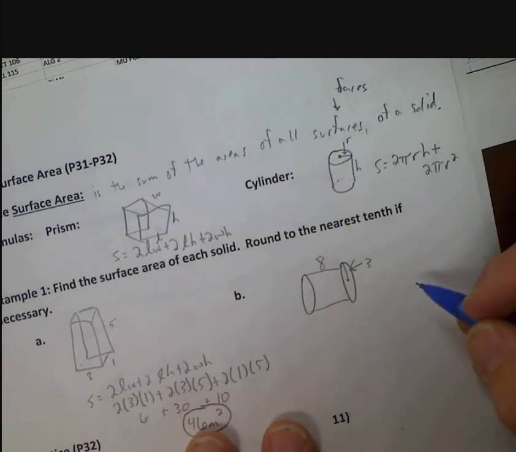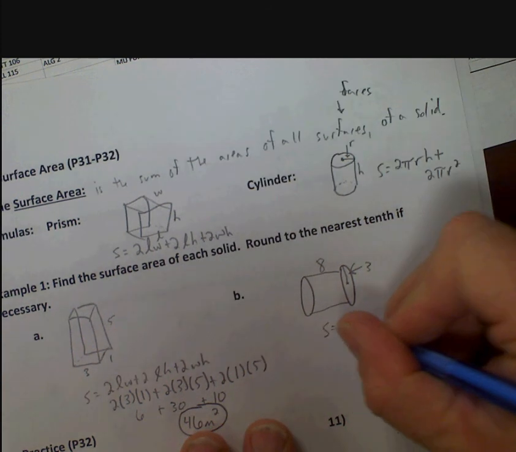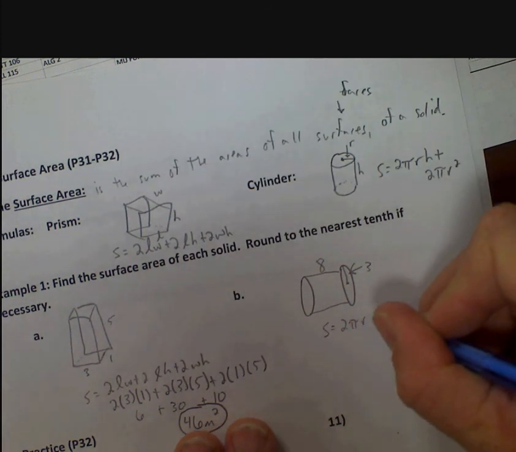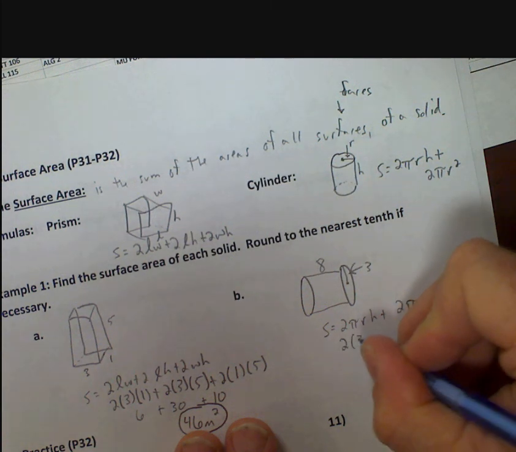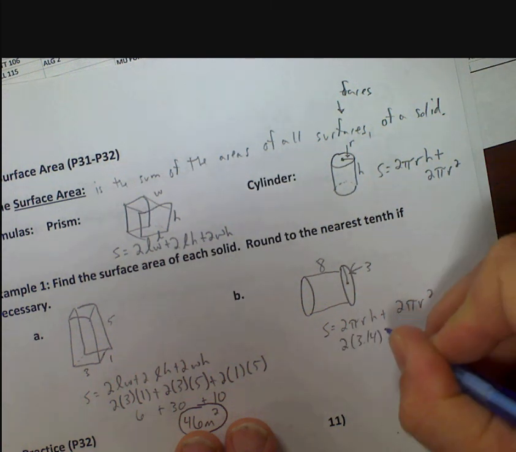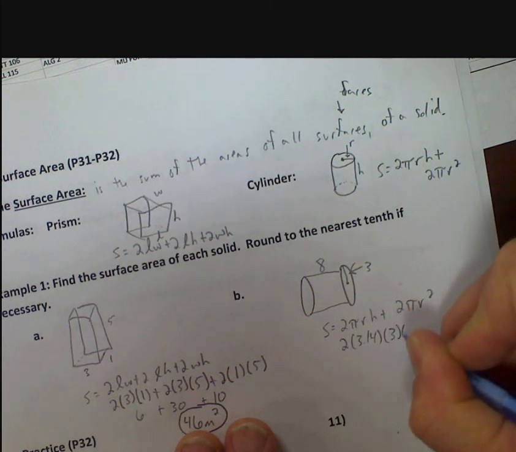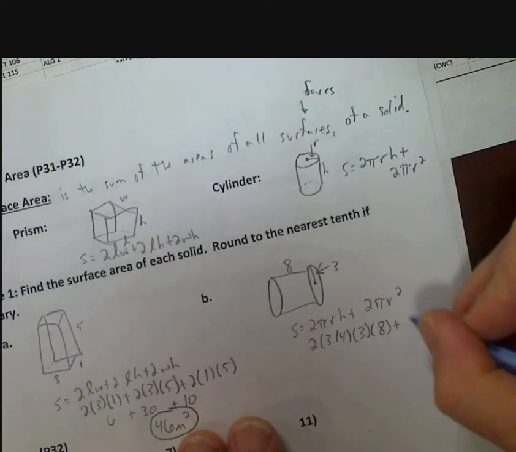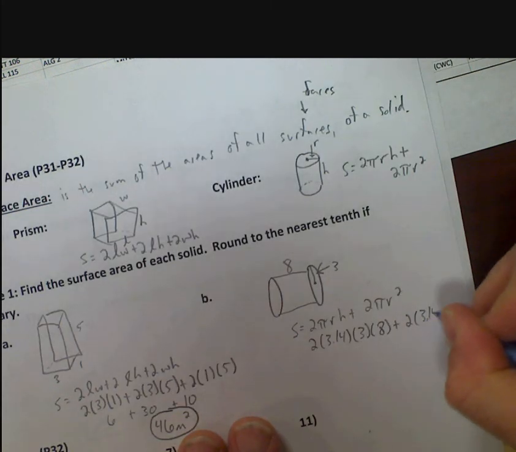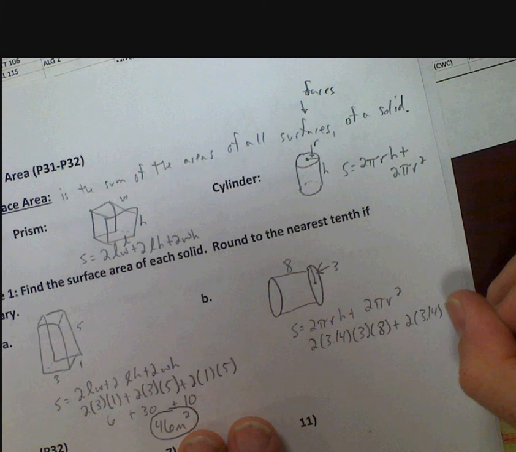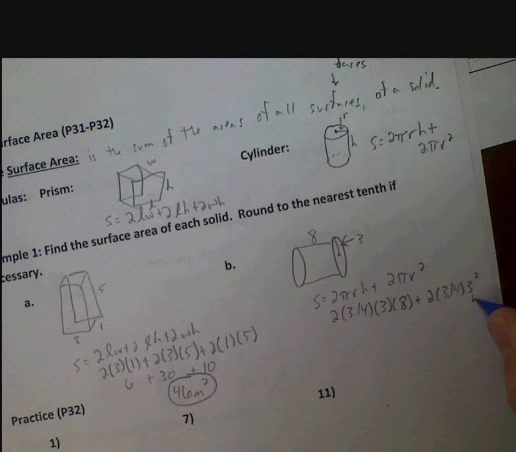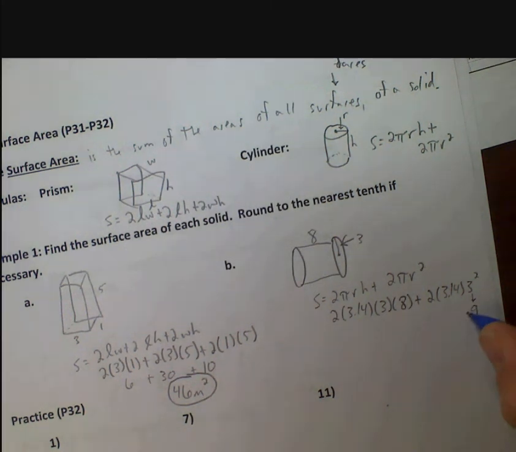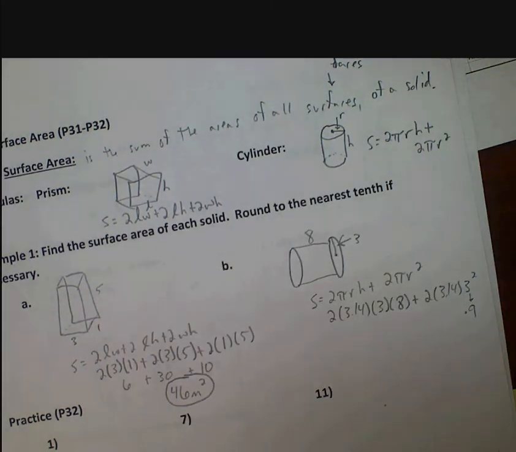So my formula for surface area is 2 pi r h plus 2 pi r squared. 2 times 3.14, my radius is 3, my height is 8, plus 2 times 3.14, my radius is 3 squared. So if I were to do order of operations, 3 squared comes first, which is 9. Now I can go ahead and multiply.